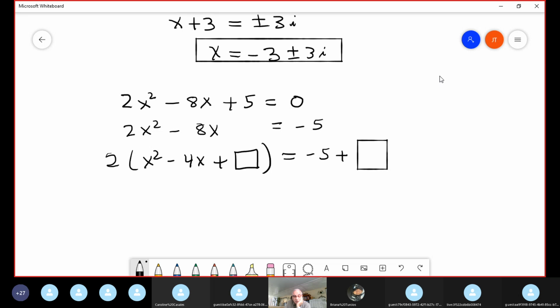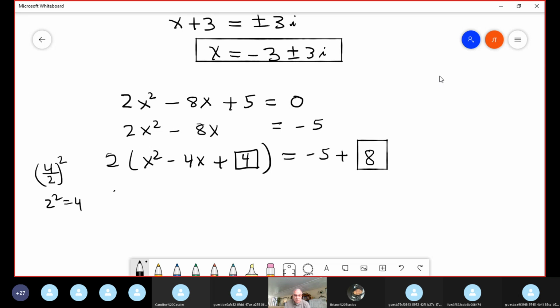But be careful, because this box is not necessarily equal to this box. Obviously the magic number is 4. We saw before that it is 4 divided by 2, which is 2, squared, 4. But when you introduce 4 here, in order to create a perfect square trinomial, actually this 4 represents 8, because 4 times 2 is 8. It's the only detail.